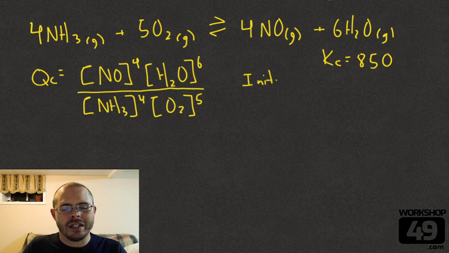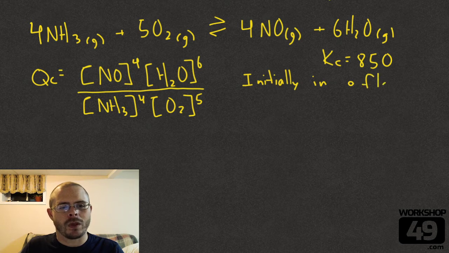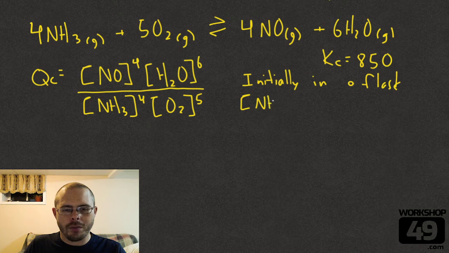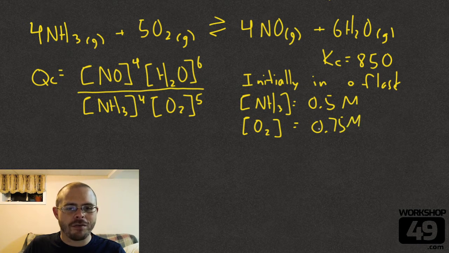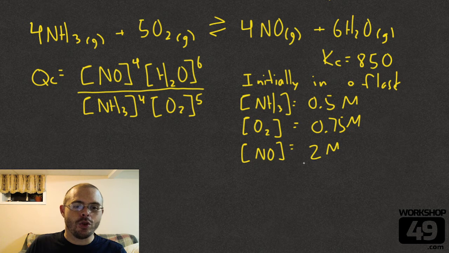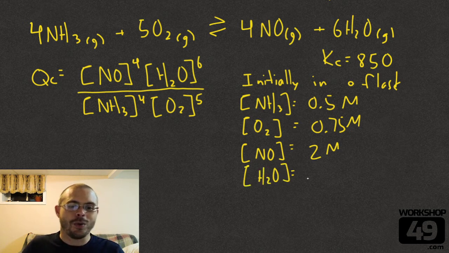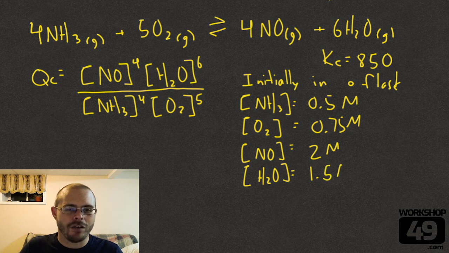So you would be told that initially, in a flask, we place ammonia at 0.5 molar, oxygen at 0.75 molar, NO at 2 molar, and H2O at 1.5 molar.